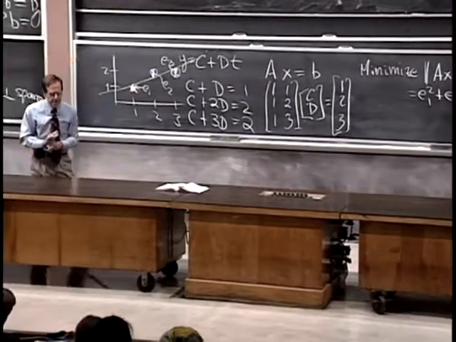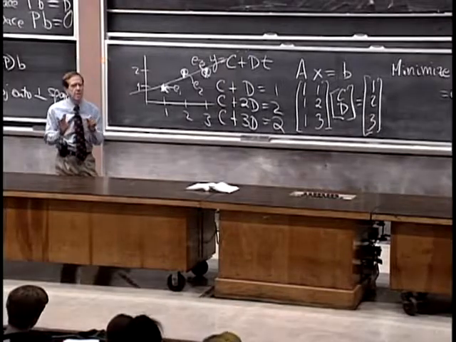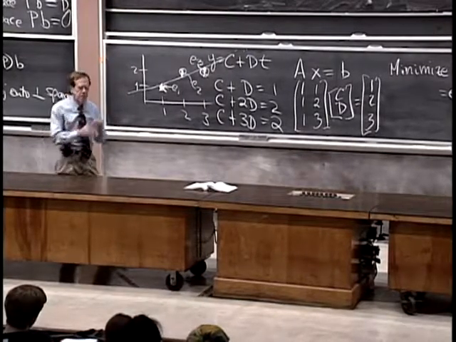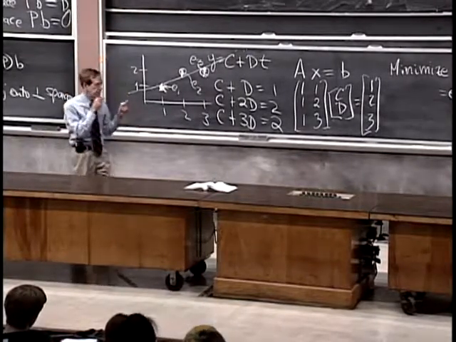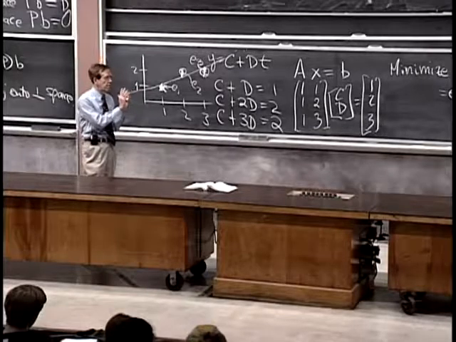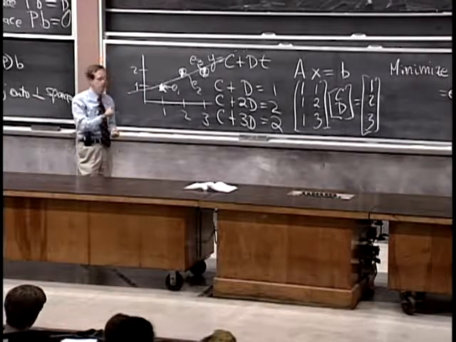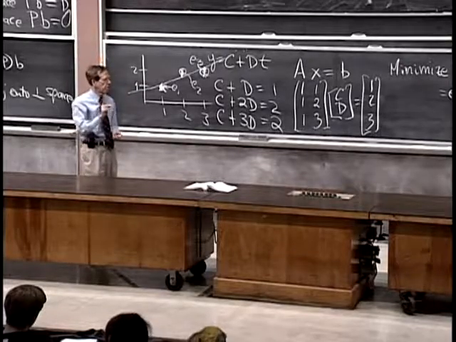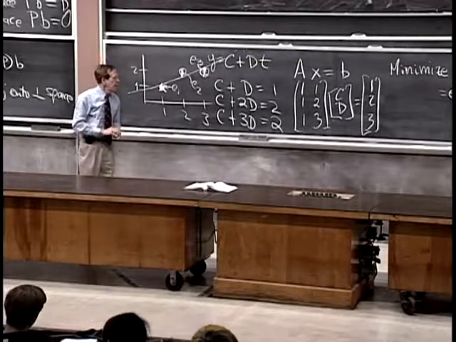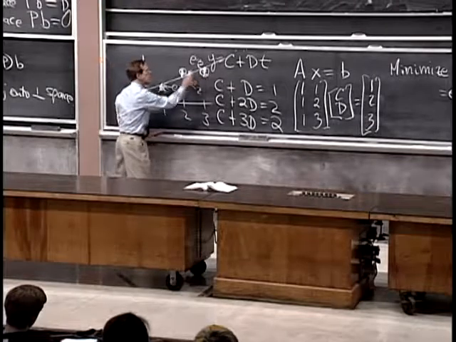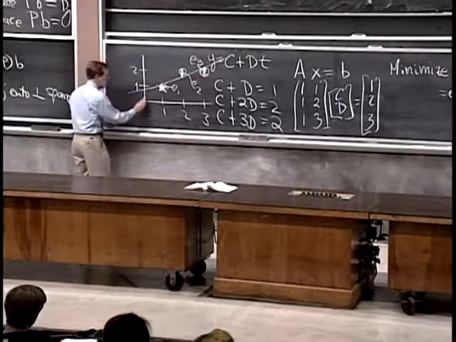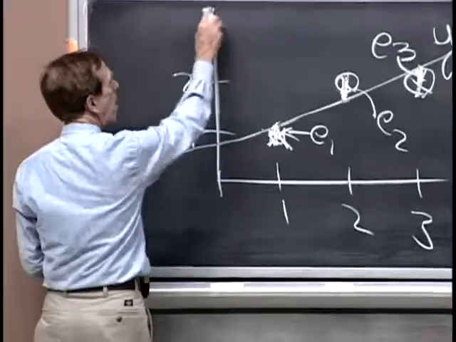Again, some statisticians would say, okay, I'll solve that problem because it's the clean problem. It leads to a beautiful linear system. But they would be a little careful about least squares in this case. Suppose I had a measurement at t equals 0 that was way off.